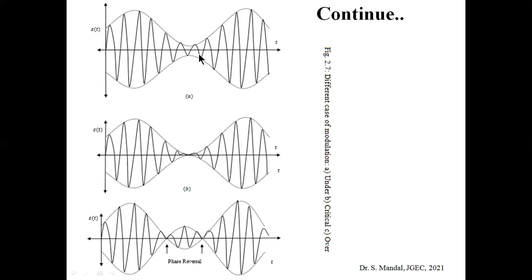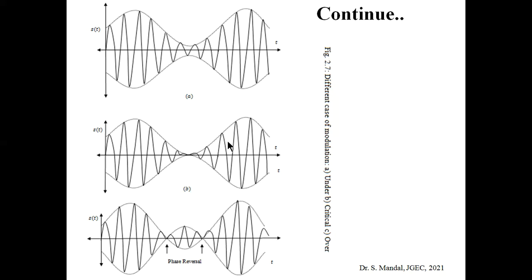In that case, A equals xt max. So in that scenario, the two envelopes will just touch each other. That means when they touch each other, the value of the amplitude of the carrier is 0. But in case of critical modulation, there is no loss of information.